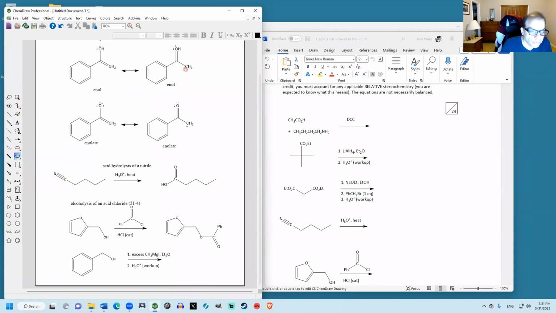And so this carbon here is this carbon here. The alcohol reacts with the acid chloride to make an ester.